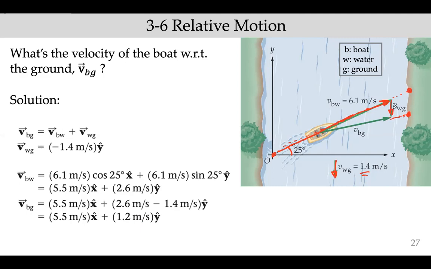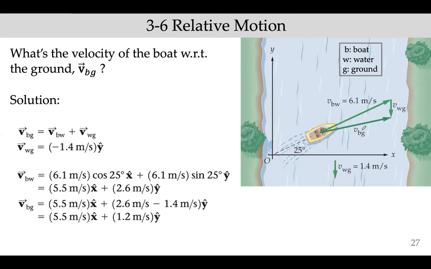If it was a lake instead of a river, you would start from here and reach this point if there was no water speed. But because water is flowing, you will get drifted along the way, so you will end up at this point. And this point is actually the velocity of the boat with respect to the ground. So it is the point that is aimed by the velocity of the boat with respect to the ground.